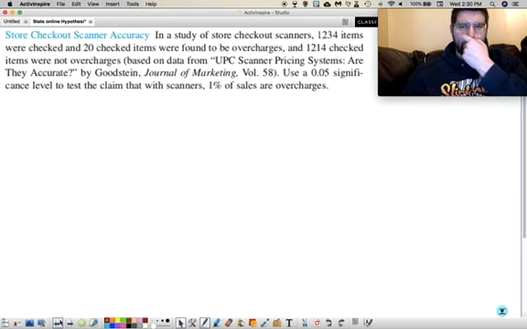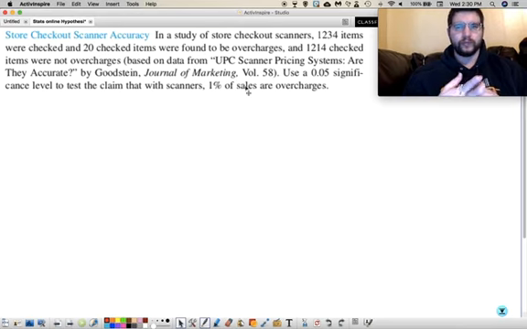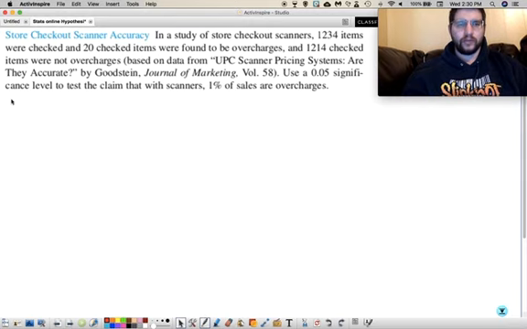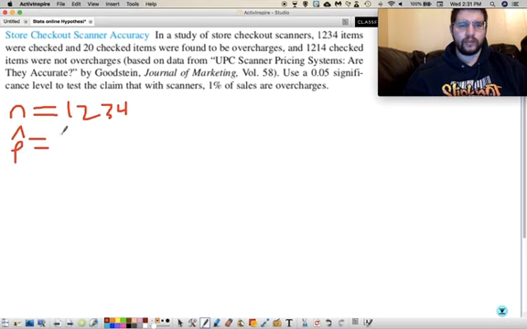Let's see, I'll do one of these. Claim is 1%. Okay, so let's do this one. In a study of store checkouts, 1,234 items were checked, and 20 of those 1,234 items were found to be overcharges.